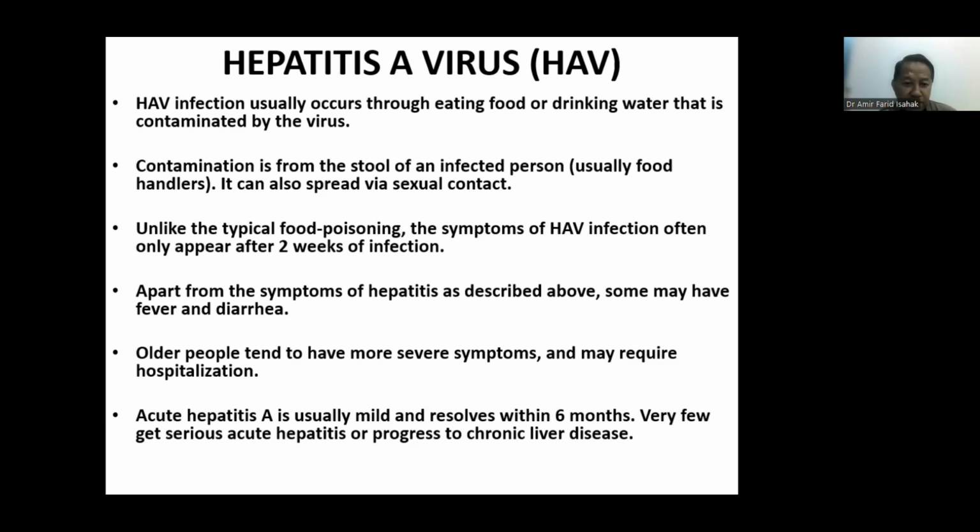Unlike the typical food poisoning, the symptoms of HAV infection often only appear after 2 weeks of infection. Apart from the symptoms of hepatitis as described earlier on, some may have fever and diarrhea. Older people tend to have more severe symptoms and may require hospitalization. Acute hepatitis A is usually mild and resolves within 6 months. Very few get serious acute hepatitis or progress to chronic liver disease.